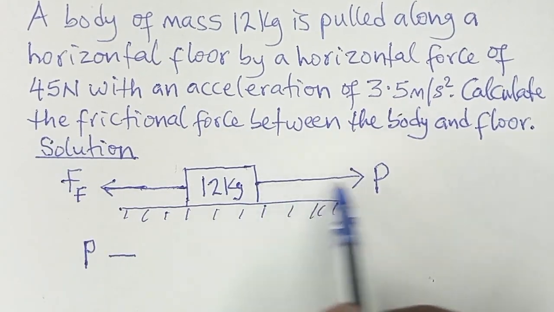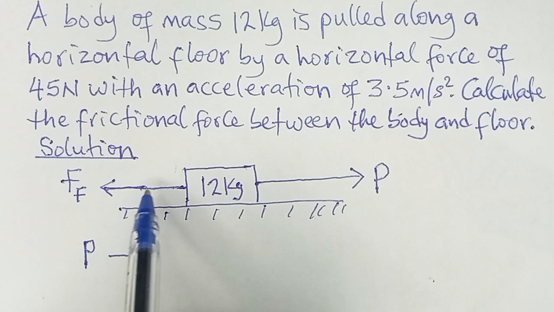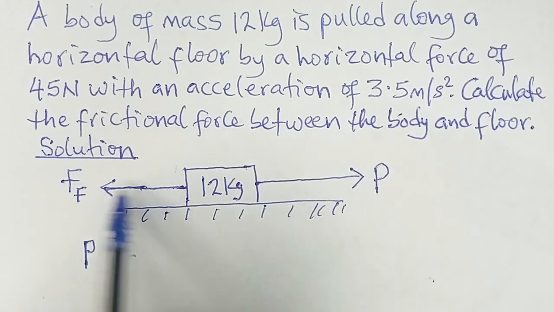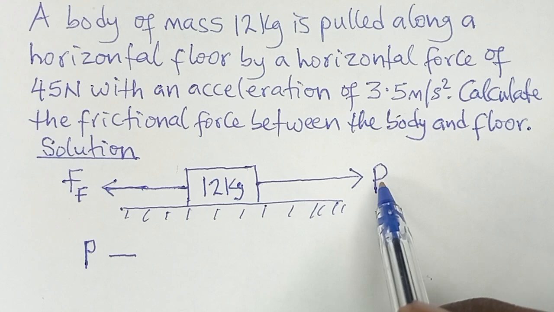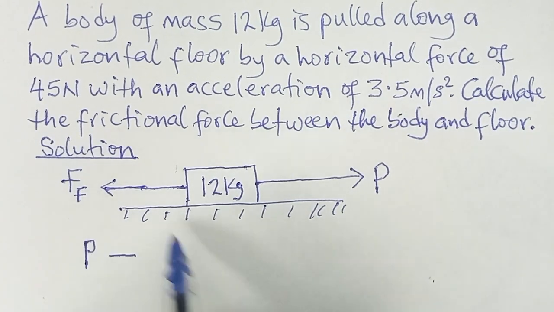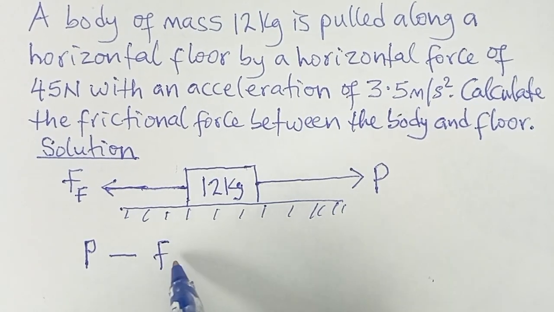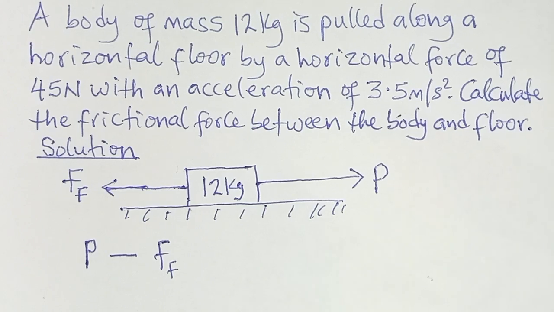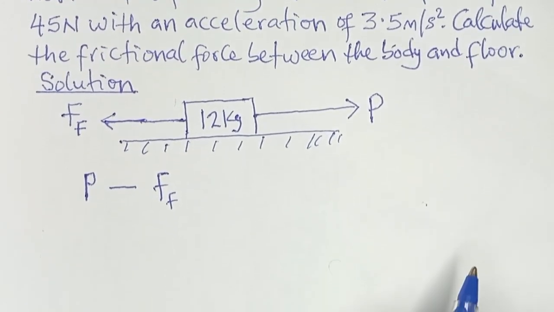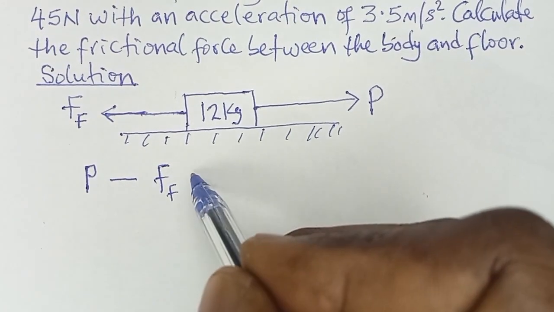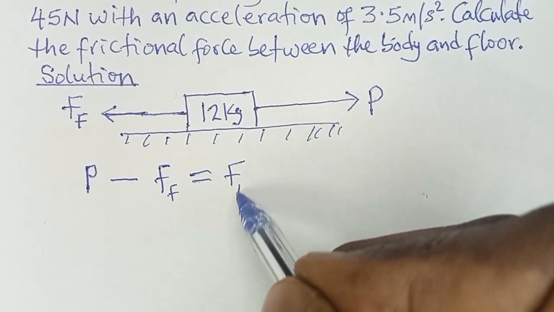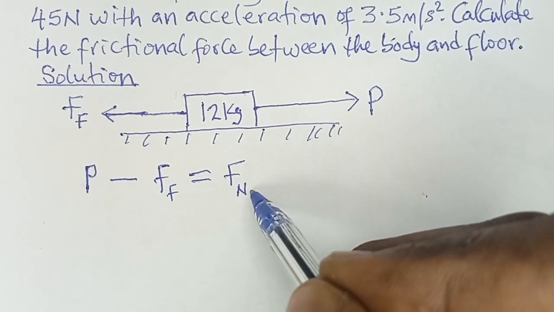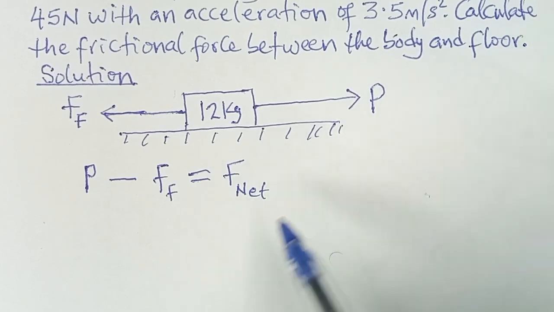Don't forget the object is moving in this direction, so the frictional force is in this direction, opposing motion. The force with which it is pulled minus the frictional force, F subscript F, should be equal to the net force. Let me call that F net.